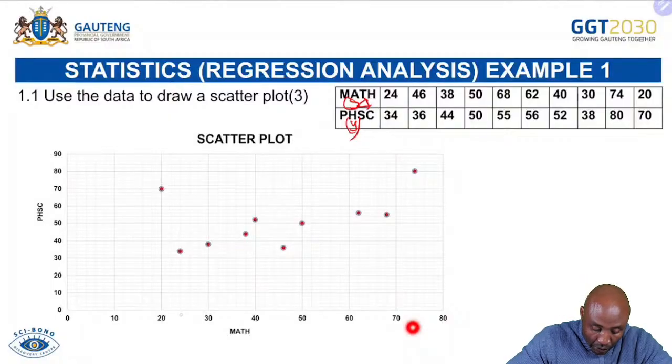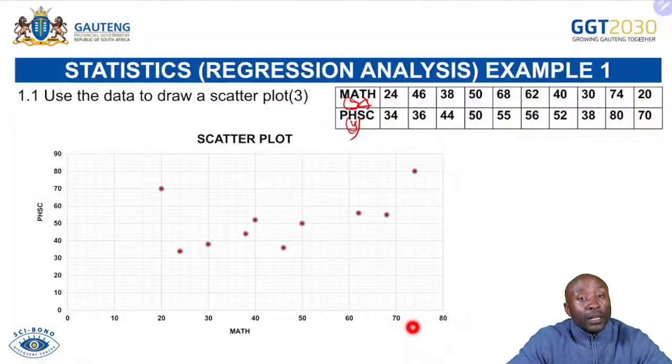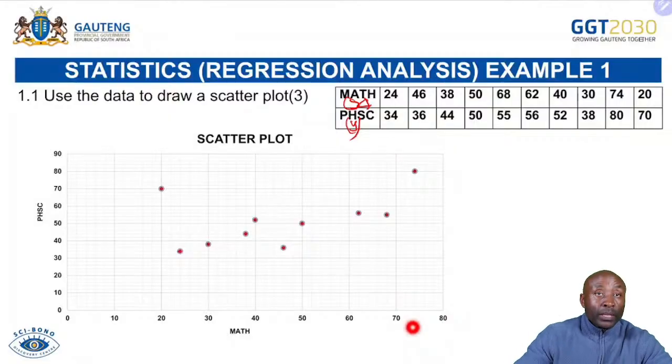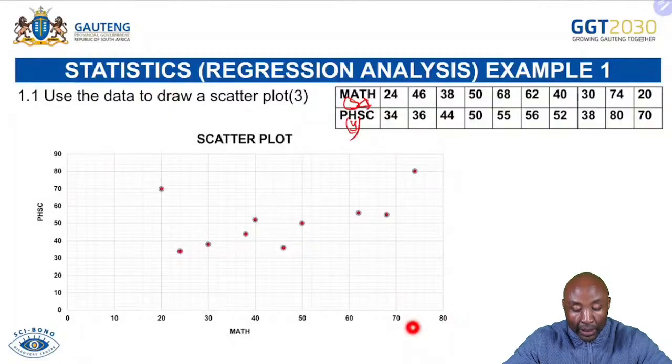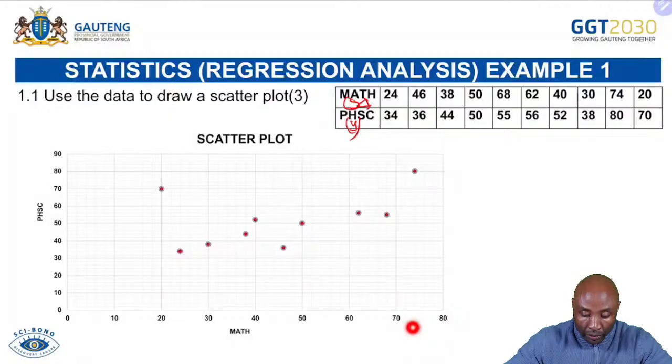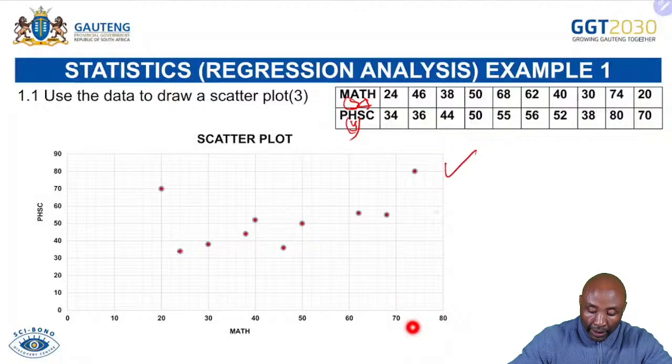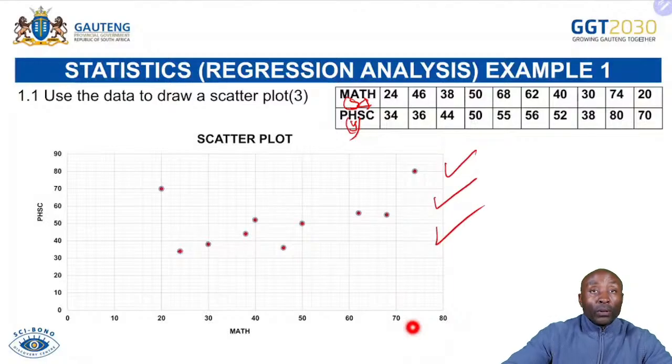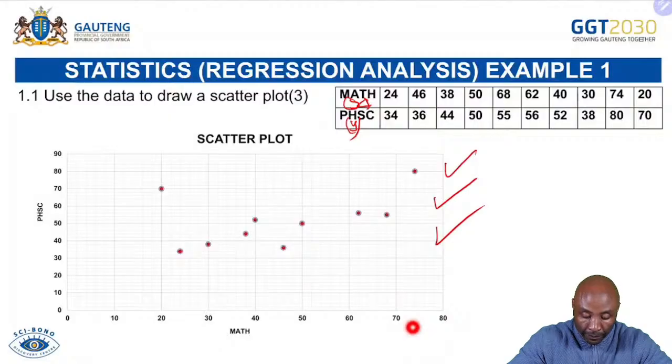So 24 and 34, my X, then my Y, I indicate with a dot. I must make sure that my points are 10. You plot each and every point correctly, and there are marks there. So you will get your 3 marks for plotting all the points correctly. We move on to the next part.